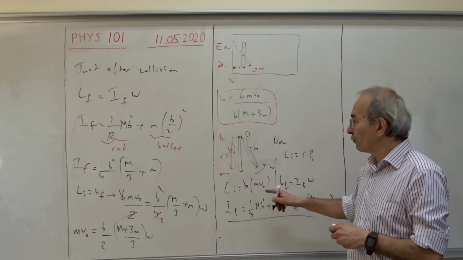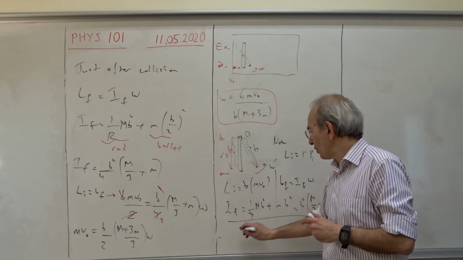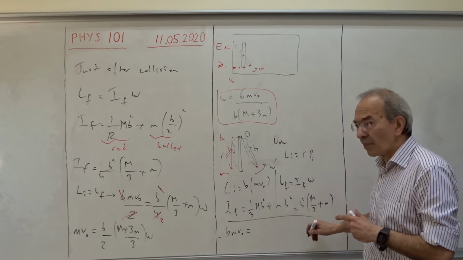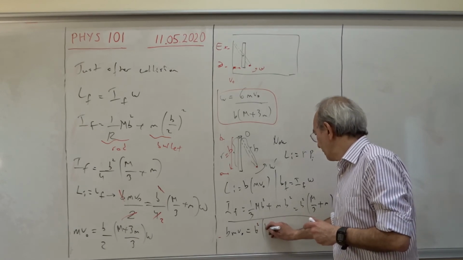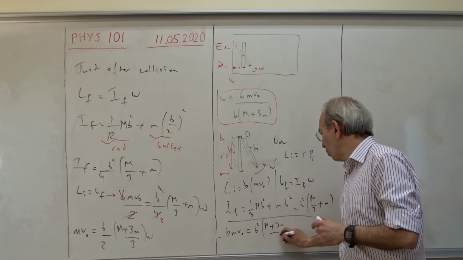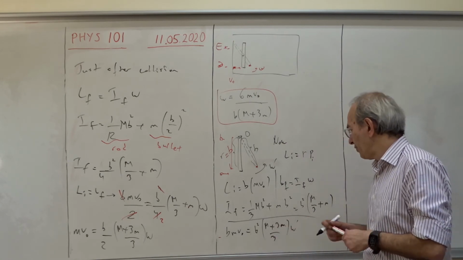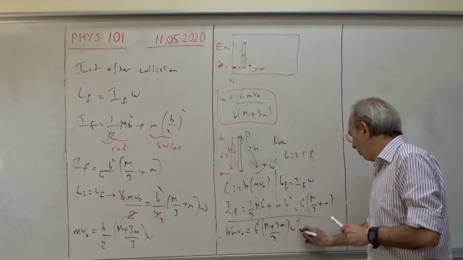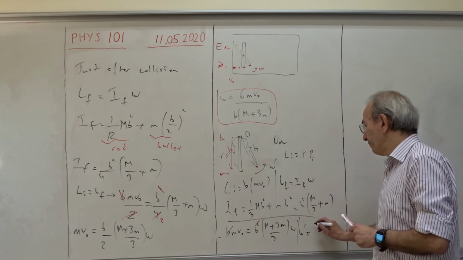Then, again from the conservation of angular momentum, we have L_i equals L_f, so that b times m v0 will be final inertia, which is b squared times M plus 3m over 3 multiplied by the new omega prime. And these b's will cancel, and then omega prime will be 3 m v0.